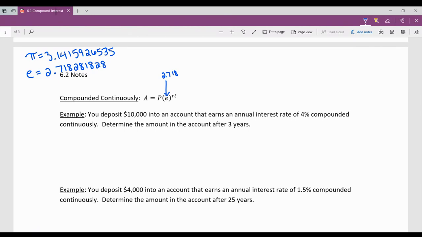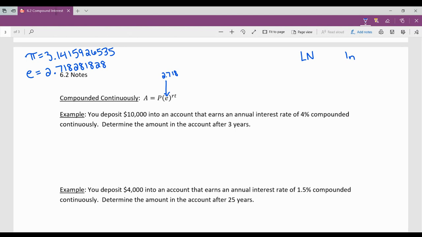So one of the things before I start fully, you want to find the E button on your calculator. Now the E button on your calculator, you're going to look for the ln on your calculator, or it could be lowercase ln. Usually E is connected with that.